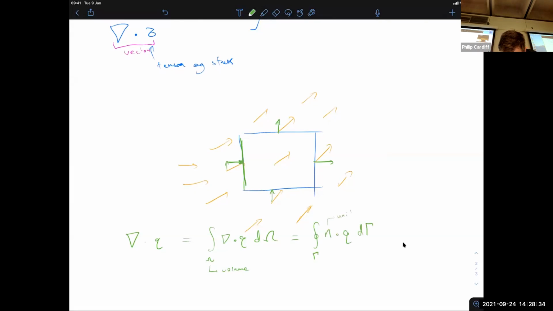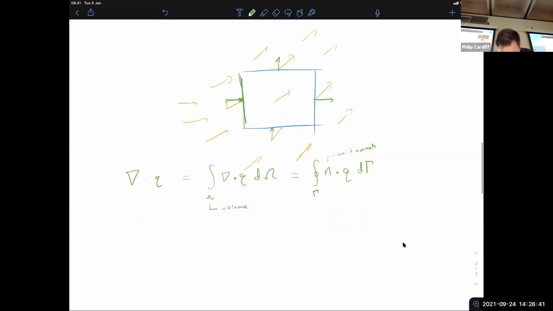And these are unit normals. And this thing is the areas.